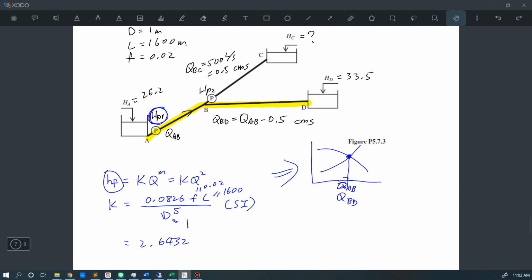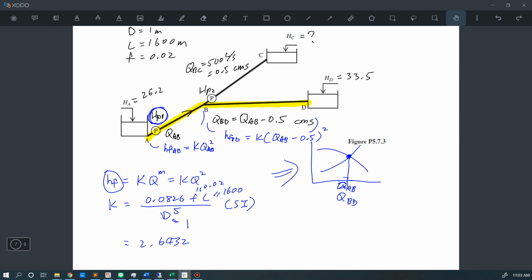Because as you can see, we have two segments here, one is AB and one is BD. For the QAB, the head loss for the AB section is equal to K QAB to the power of 2, and the friction head loss for the BD segment is equal to K times QAB minus 0.5 to the power of 2.